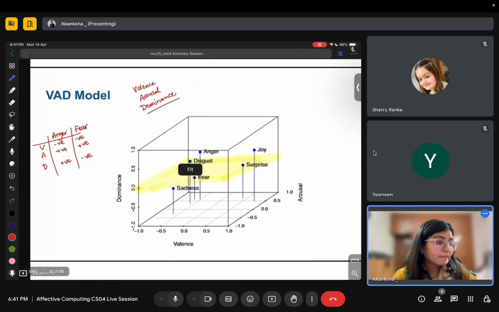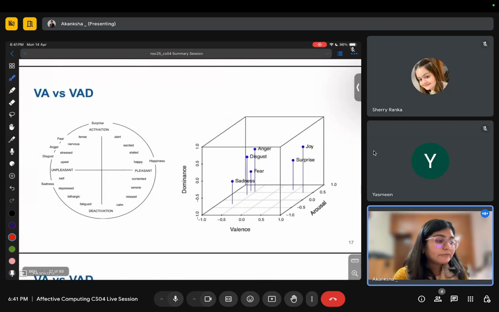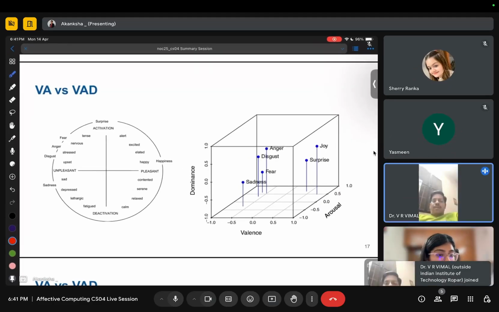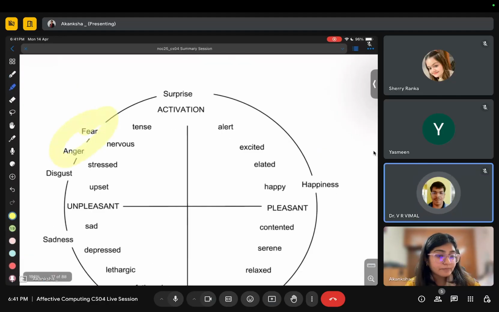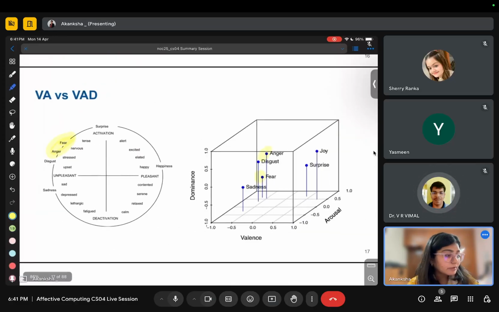Okay. So yeah, these are the two models, and the difference is just another axis to differentiate between two similar emotions actually. Okay, so here you are able to differentiate.